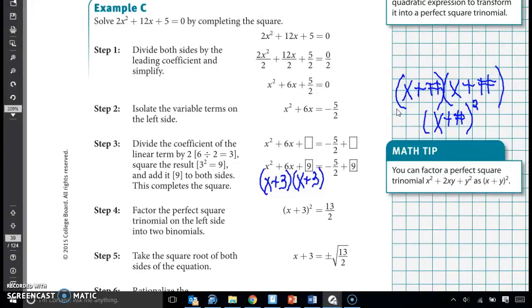So if we're adding 9 to this side, what do we have to do to the other side of the equal sign? We have to add 9 over there. So here we have x plus 3 squared, and then we have negative 5 over 2 plus 9, which is 13 over 2, or 4.5. But that's not right. 6.5.